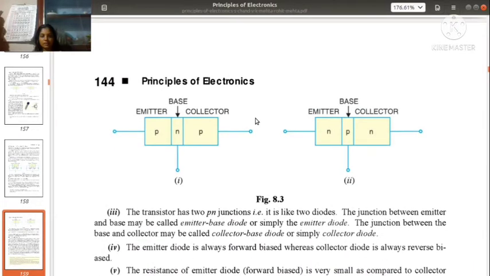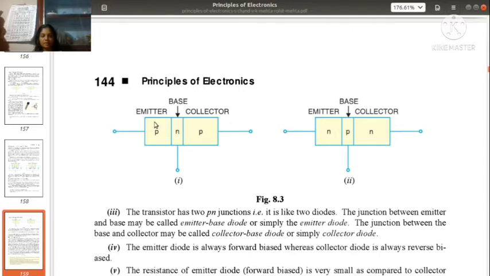Okay, so this is the general picture. That is, this is emitter, base, collector. So generally, the collector region is very wide compared to the emitter region. You can notice the size difference of emitter and collector region, and the base is the very thin region.